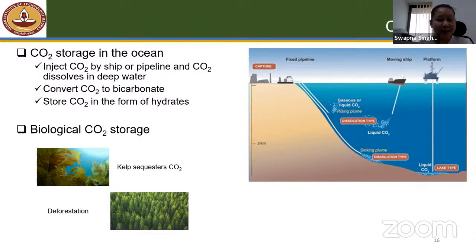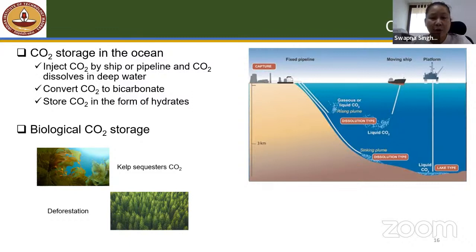And there is another very interesting CO2 storage: CO2 storage in kelps, for example seaweed, the ocean leaves, which is also used for CO2 storage. Kelp sequestration of CO2 in Australia. A lot of work has been going on in Australia near the sea, because kelp is available near the sea, right?